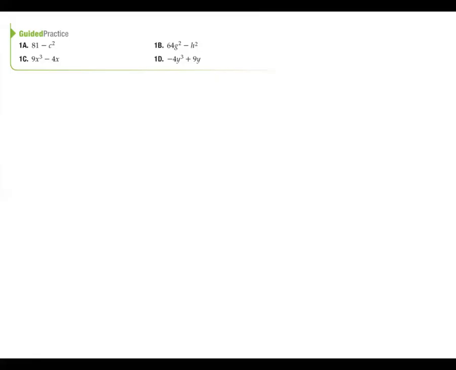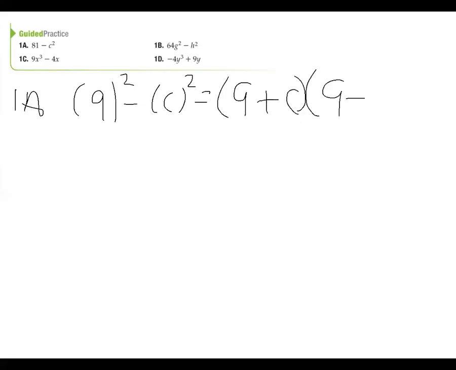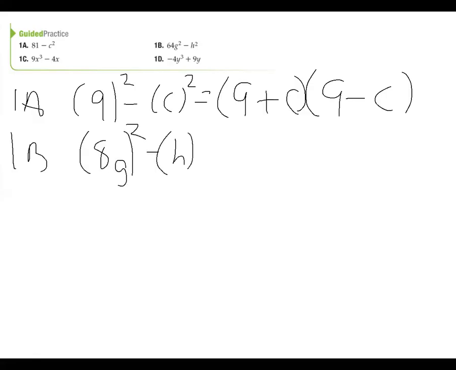Okay, we're back. Number 1a, you can write that as 9 squared minus c squared, which would be 9 plus c times 9 minus c. 1b, you could think of that as 8g squared minus h squared, which would be 8g minus h times 8g plus h.